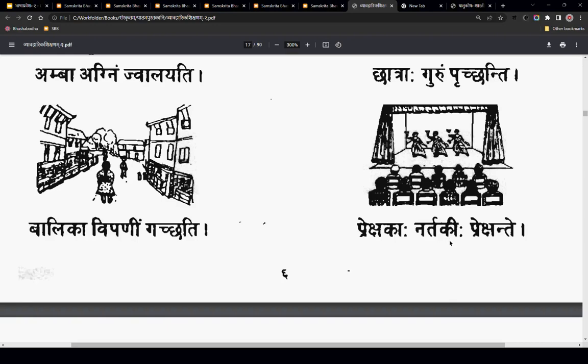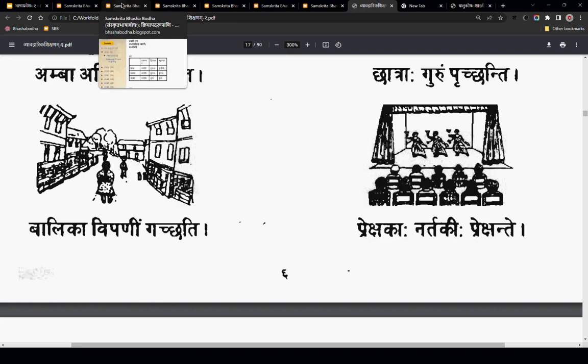Raghumoday, you said it's ditiya bahuvachanam. How do we know that it is ditiya vibhakti bahuvachanam? The form it takes. So prathama vibhakti ekavachanam is nartaki, correct.